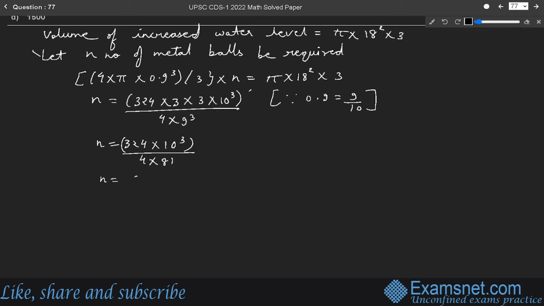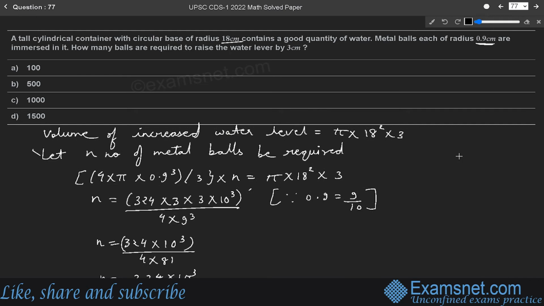Therefore, n will be equal to 324 into 10 cube upon 324. So it will be cancelled. n will be equal to 10 cube, so n will be equal to 1000. So the number of balls required to raise the water level is 1000. Therefore, the correct option for this question is option C.